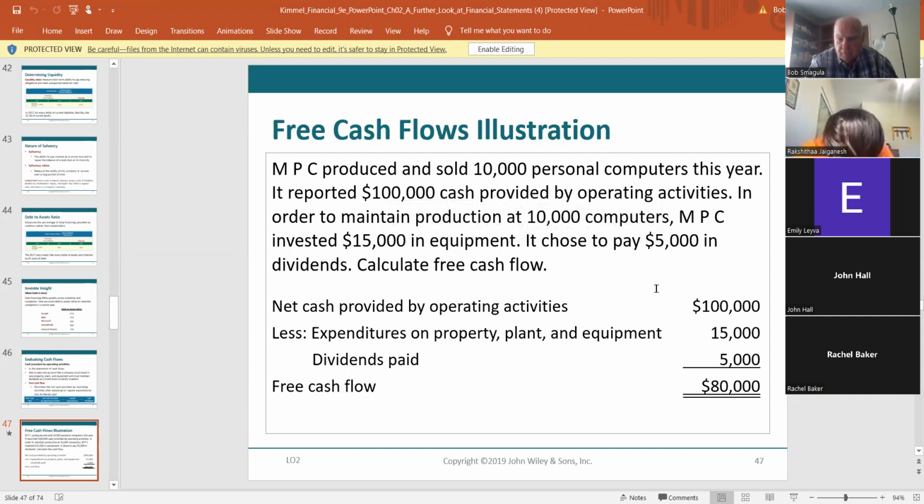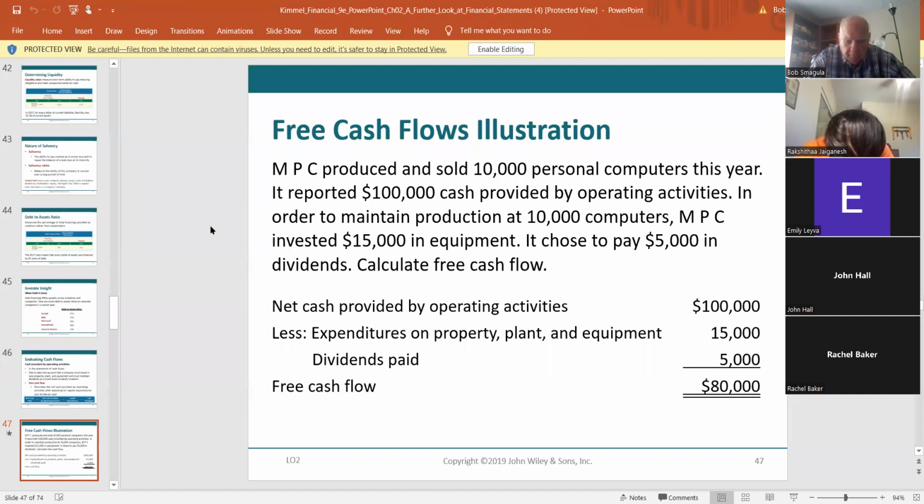So the free cash flow would be your total cash from operating activities minus these two categories. It's not the total cash less these expenditures, it's the cash flow from operations.